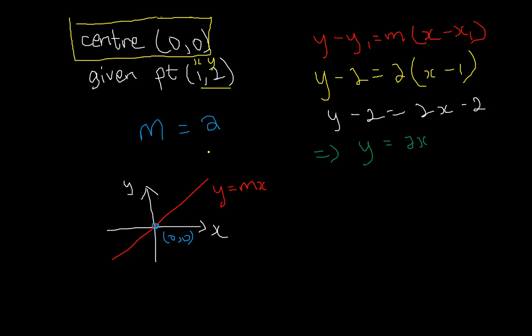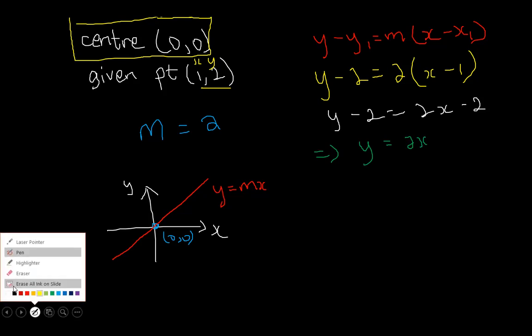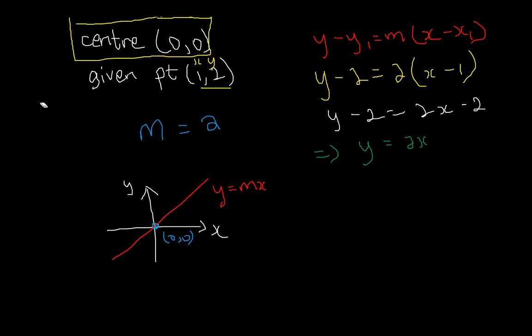If you don't understand, let me know. Okay, understand now. Thank you. So that means if you see center equals 0, 0, and you get a plus c, you know something is wrong and you need to go check that again.